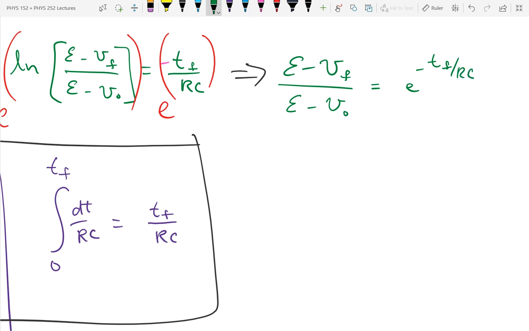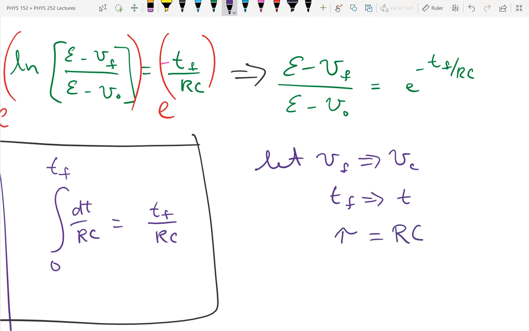Now, at this point, I'm going to make my simple substitutions going back to: let V final just become the voltage across the capacitor at whatever my final time is. And T final will just become T. And then our definition that tau is equal to RC.